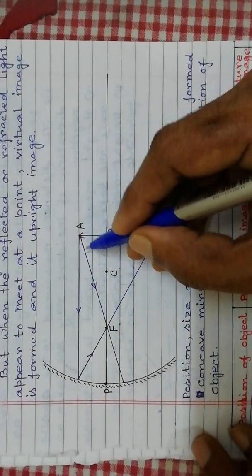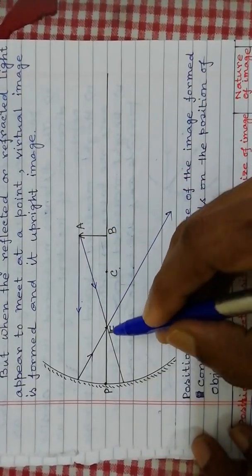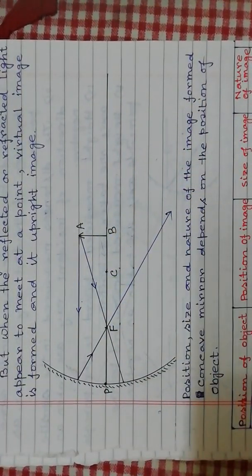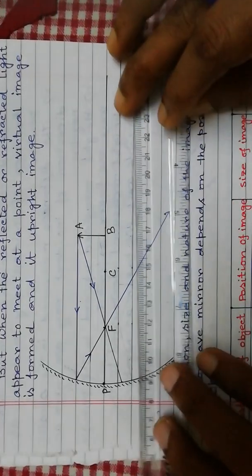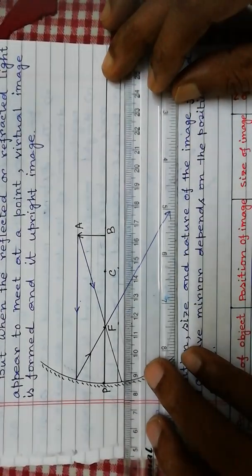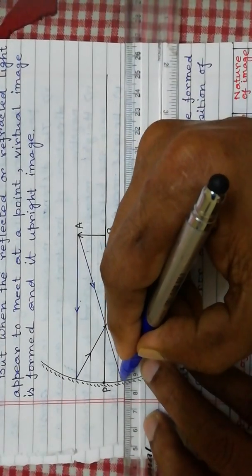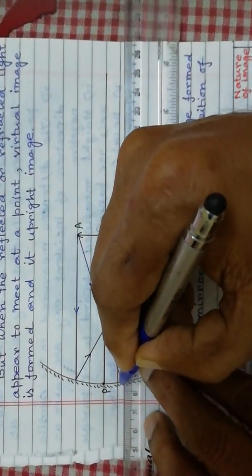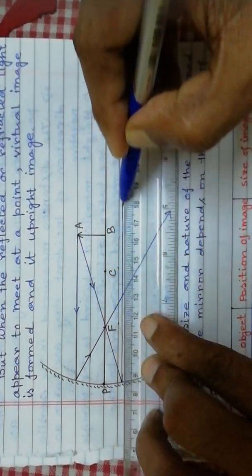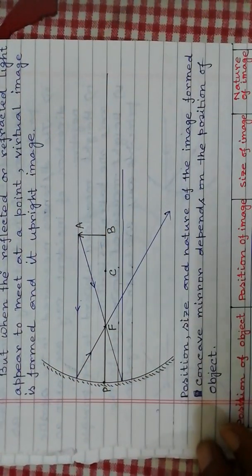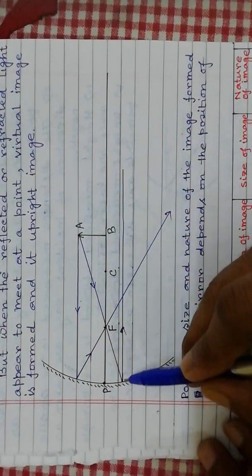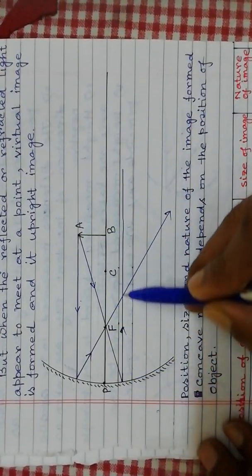When the light ray strikes the mirror through the focus, then after reflection, what happens? It is reflected parallel to the principal axis. So here it is the incident ray and it is the reflected ray.